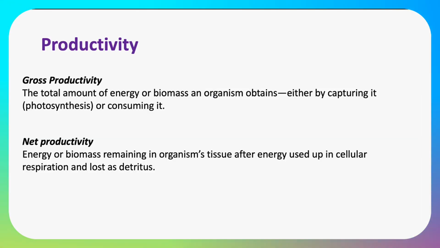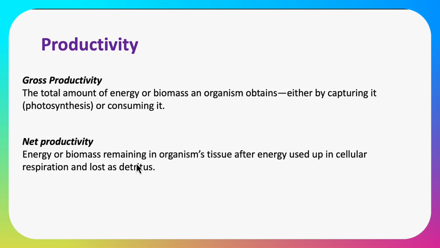All right, so here's a summary of productivity. Gross productivity, the total amount of energy or biomass that an organism obtains, either by capturing it in photosynthesis, so capturing light, or consuming it if you're a consumer. Net productivity is the energy or biomass. So we can say biomass as well because the energy is stored in that biomass.